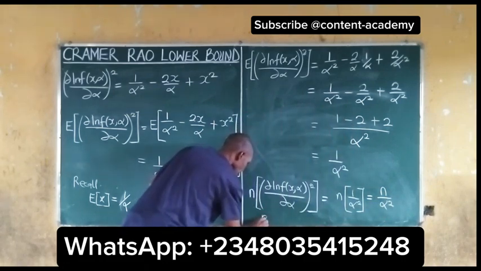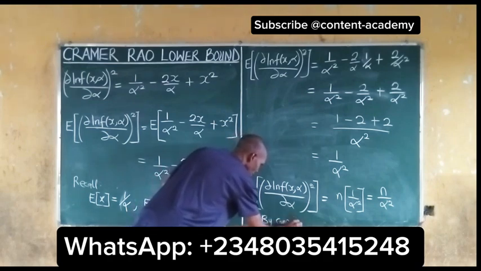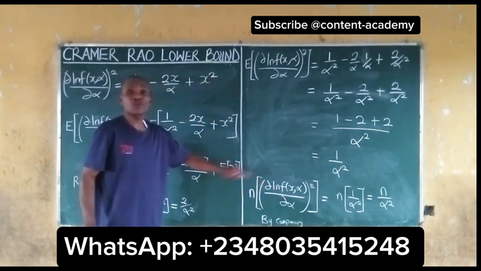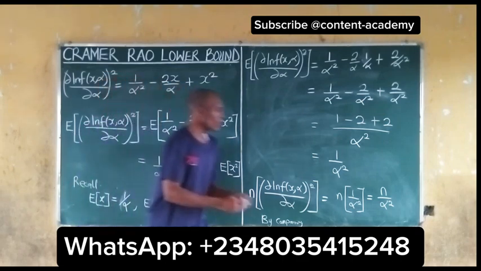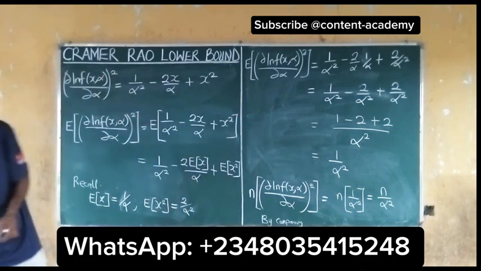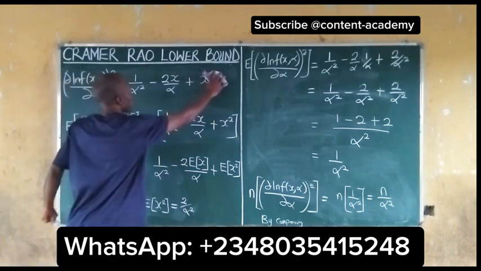So by comparing with the Cramér-Rao inequality, this time we compare what we have gotten with the Cramér-Rao inequality to see our final answer. So move over to this other side of the board to write our final comparison.